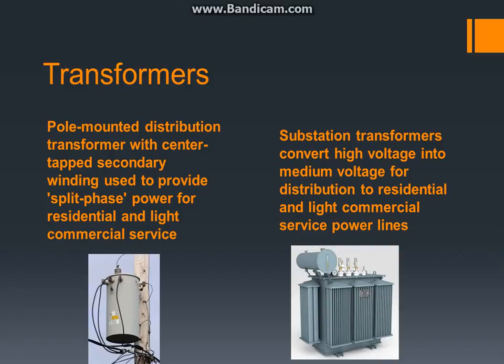Right. The substation transformer connects to transmission lines that are very high voltage that run between towns or for large distances, and then it converts it to a medium voltage that is suitable for this pole-mounted transformer, and then the pole-mounted one converts the medium voltage to residential voltage like we have in homes.